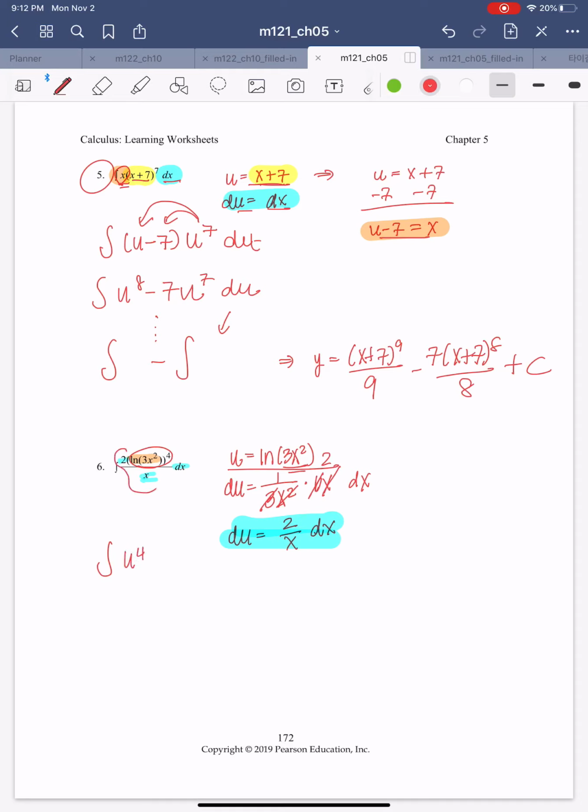This whole thing, 2 over x dx, just changes to du. Very easy. That's adding 1, divided by the new power. So u to the 5th over 5 plus c. And then don't forget to back substitute. So you have ln 3x squared.